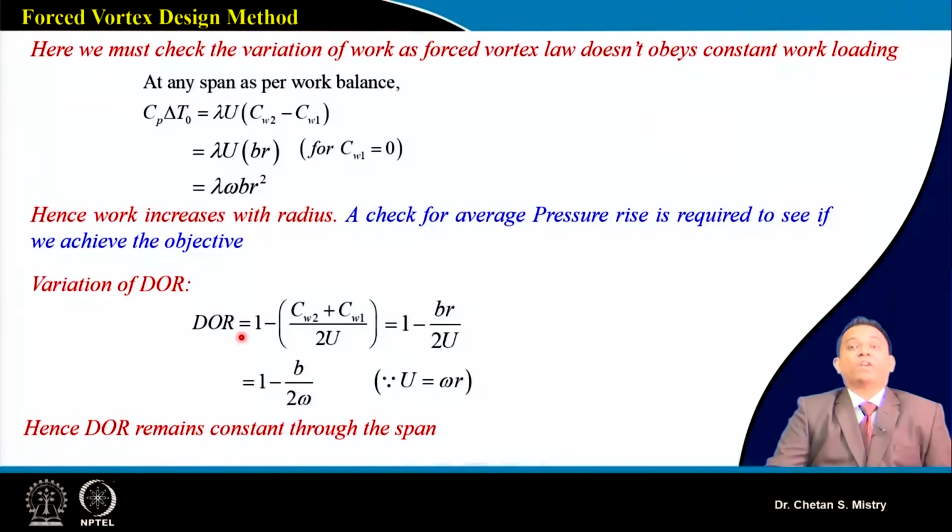If that kind of configuration is used, the degree of reaction may have different numbers, so we need to check carefully. For Cw2 equal to b into r, the degree of reaction is independent of radius, that means it remains constant.